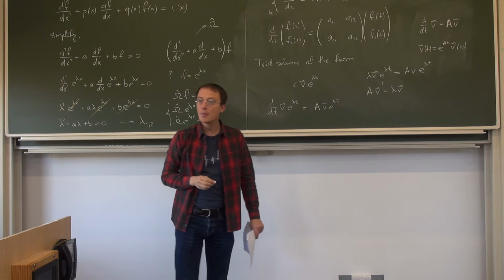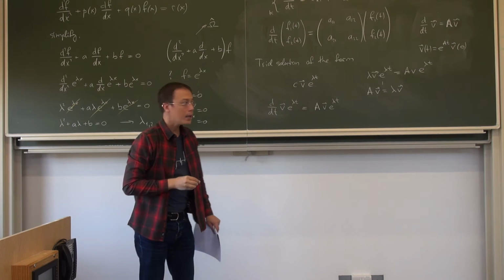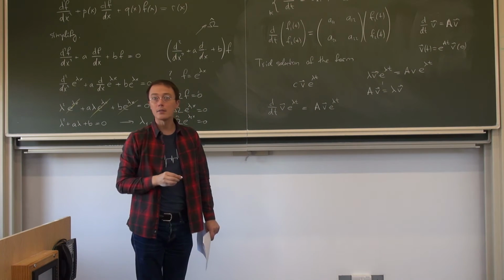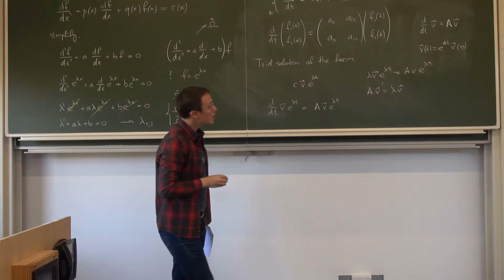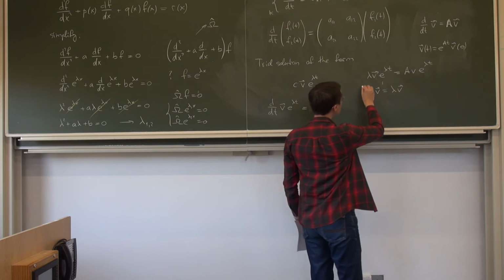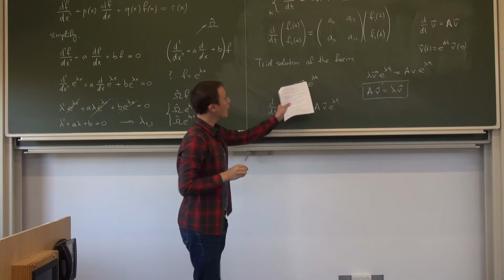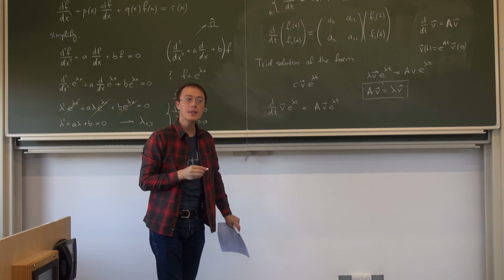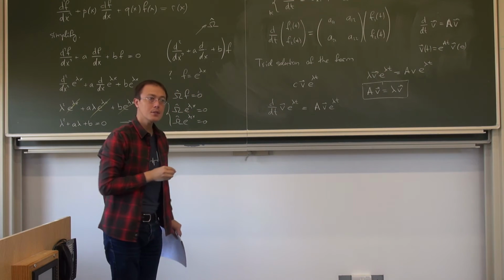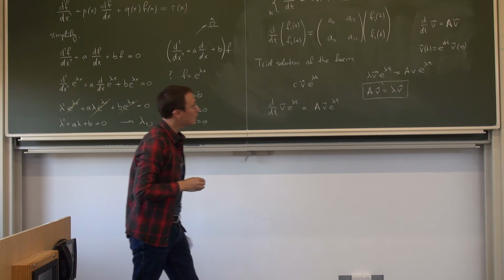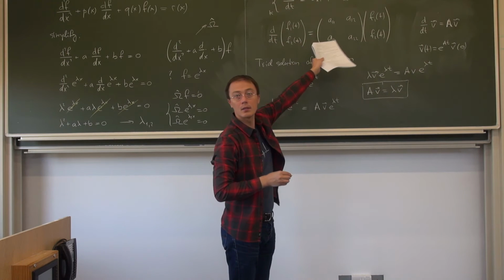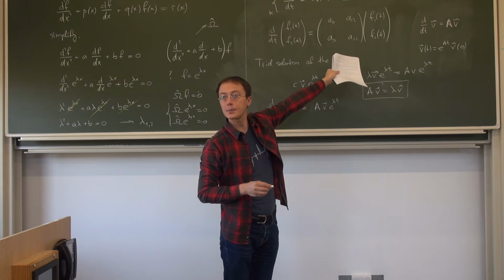Does that look familiar? This is the eigenvector-eigenvalue relation. So actually what we need to do to find the necessary lambdas and the necessary v's that are going to give us a solution is to solve the eigenvector-eigenvalue problem for the matrix.